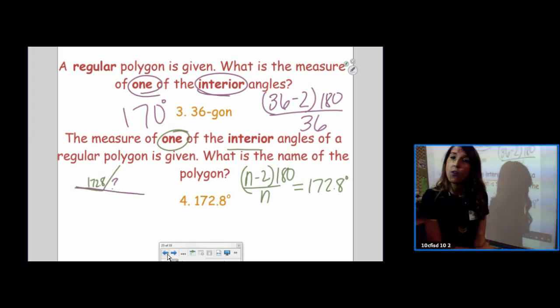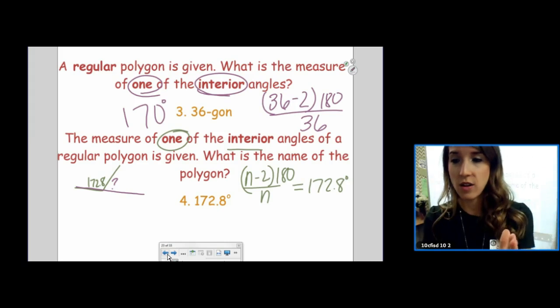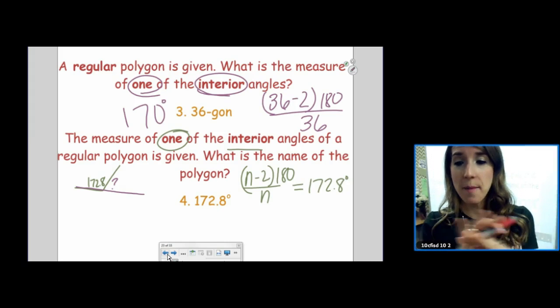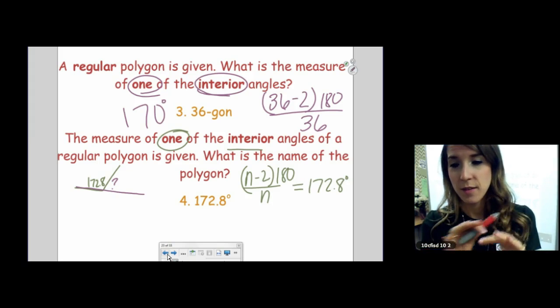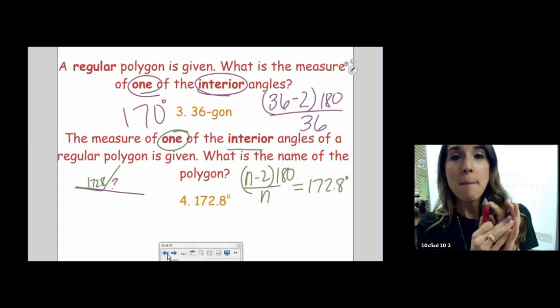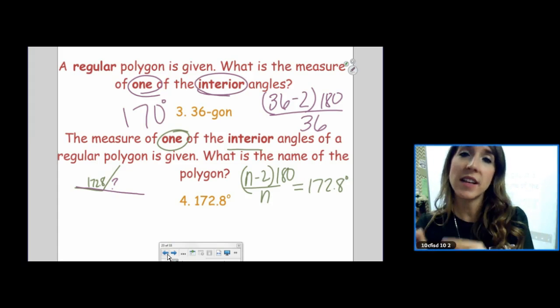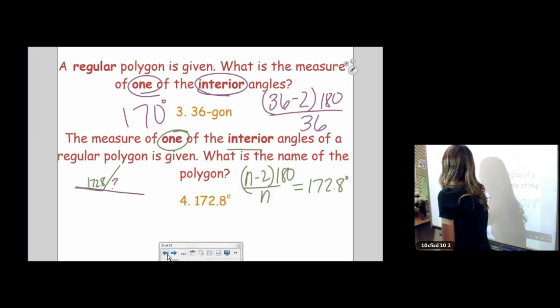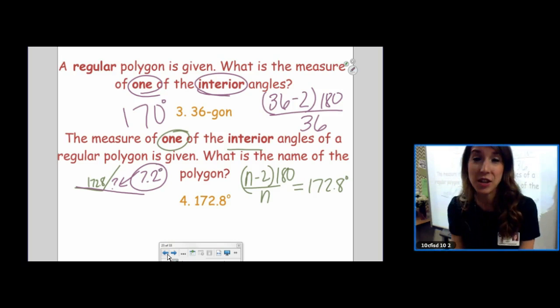And I know that an interior angle and its exterior angle right next to it form a blank blank. Form a linear pair. Because an interior angle forms a linear pair with its exterior angle, if I know the interior angle, then I know an exterior angle.